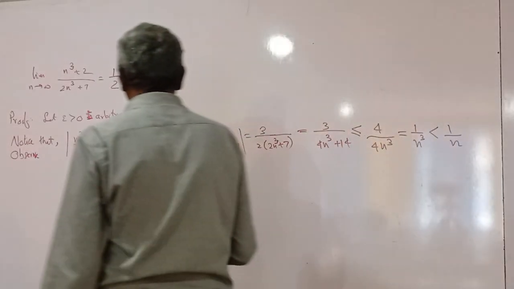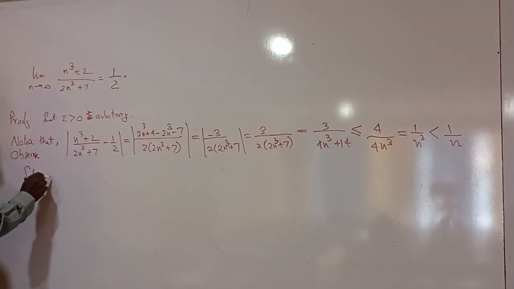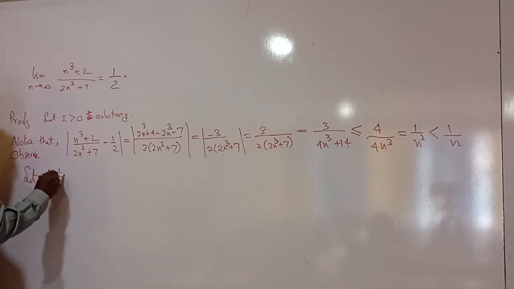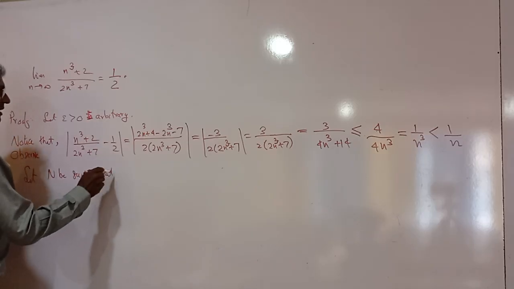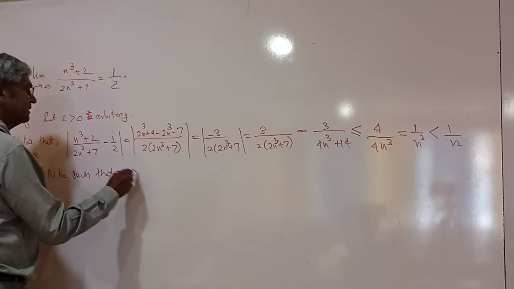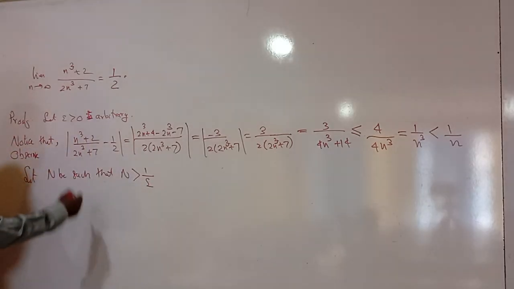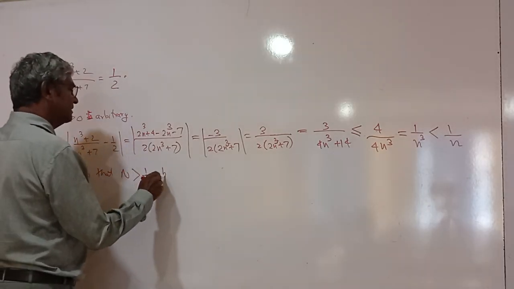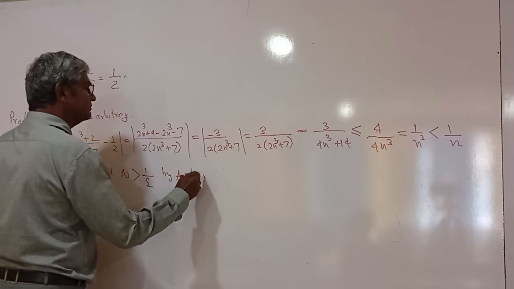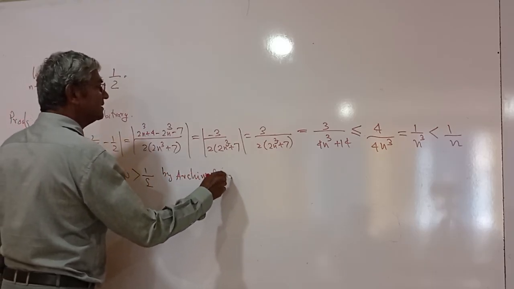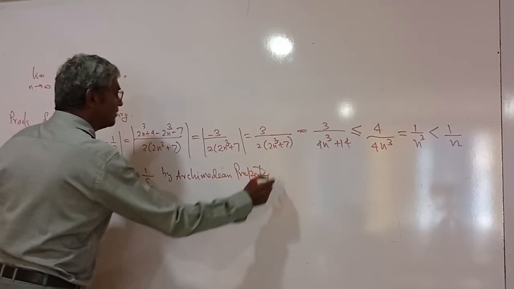So then we can write: let capital N be such that N greater than 1 over epsilon, by the Archimedean property.